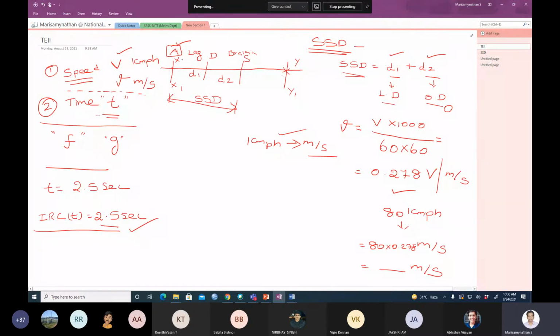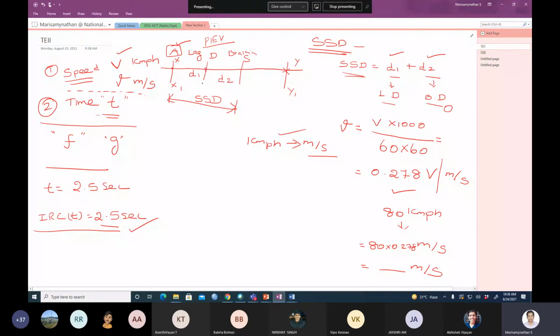It is divided into two components: the lag distance and the braking distance. The lag distance covers observing, perceiving and taking decisions, which is the PIEV theory we saw in yesterday's class. Once he has taken the decision, he applies the brake.